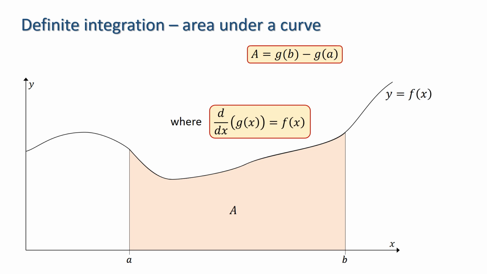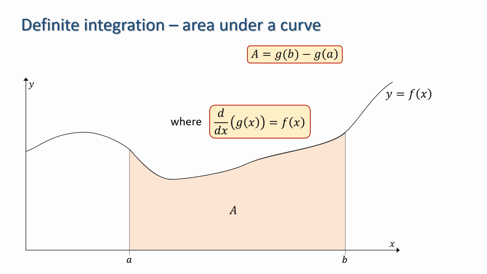This tells us that the area under a curve between two limits can be obtained by integrating the function, substituting in the upper and lower limits in turn and calculating their difference. This process is called definite integration.